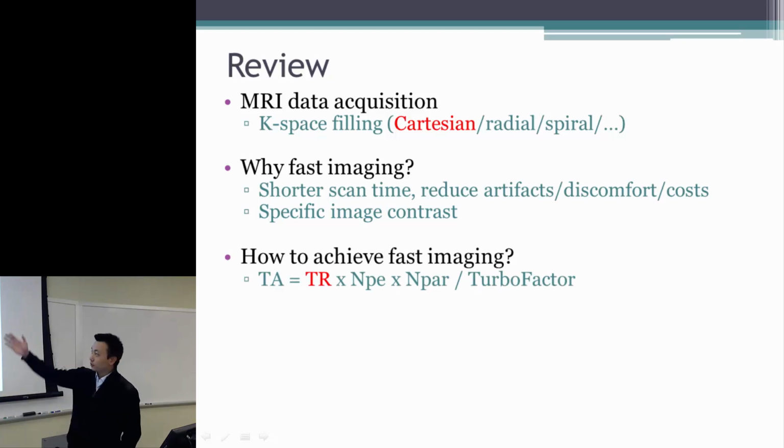Normally, if we're looking at a Cartesian acquisition scheme, how do we achieve fast imaging?